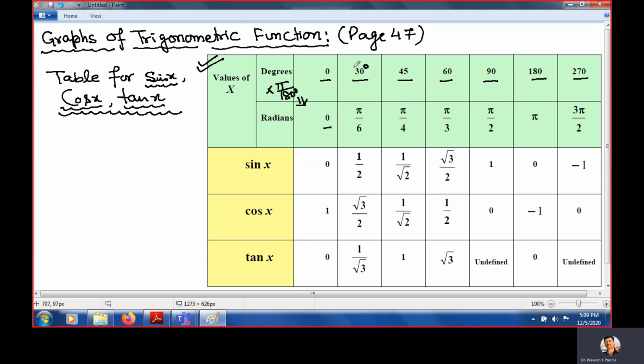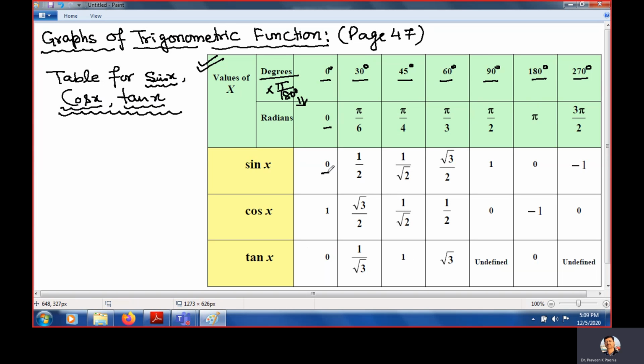These are degrees: 0, 30, 45, 60, 90, 180 and 270 degrees. It is written here, degrees. Clear? And these are radians. We have written the values here, and please do not change these values into decimals. Please learn these values as they are.